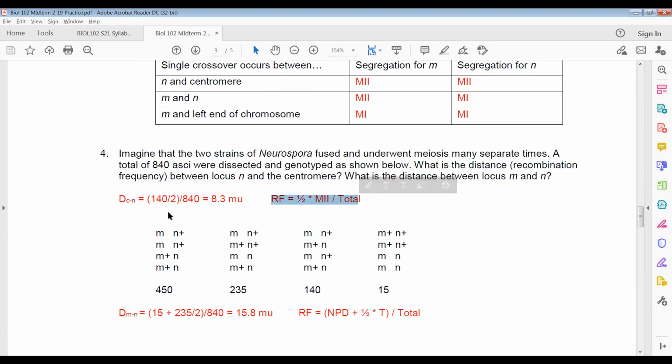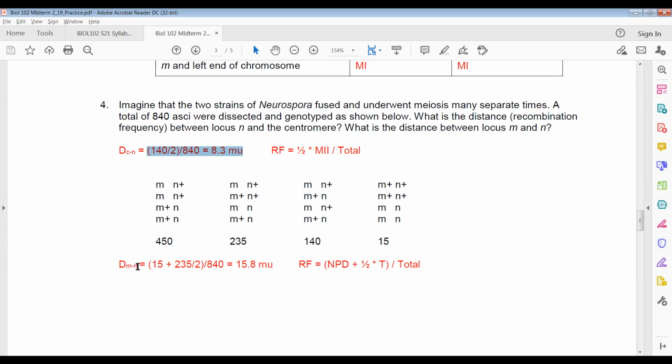If we want to calculate the genetic distance between any single gene and the centromere, we need to figure out the number of the spores showing the M2 pattern, and this number will be multiplied by 1/2 because only half of them represent the crossover, the non-parental type. And once you calculate this, you divide this number by the total number of the spores. This will give you the genetic map distance between this gene and the centromere.